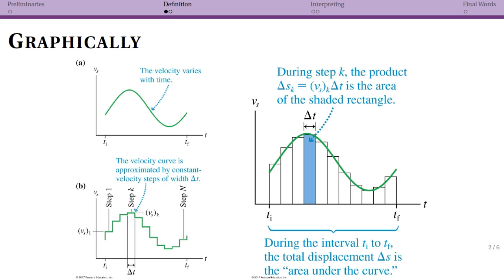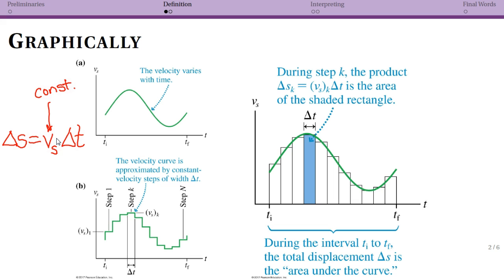Before, in the case where we had a constant velocity, our displacement, so change in position, I'm using S as my general coordinate, is equal to my velocity in that direction times the elapsed time. But this only works if your velocity is constant. So in the case where we have a changing velocity, like this plot shows, we can't really do this since we don't have one value to use.